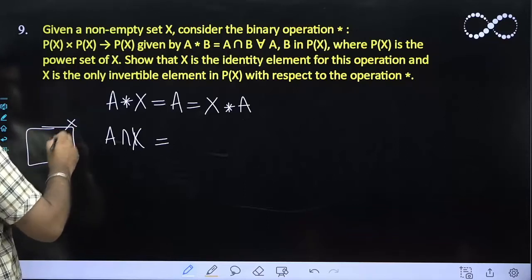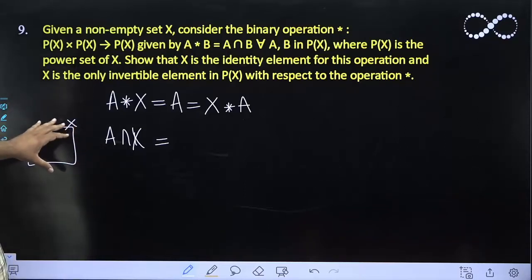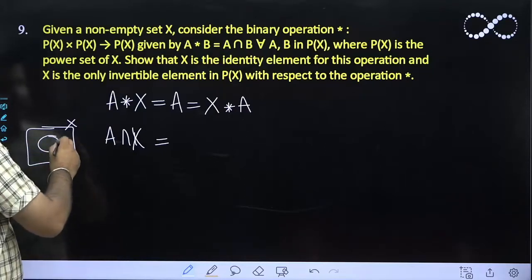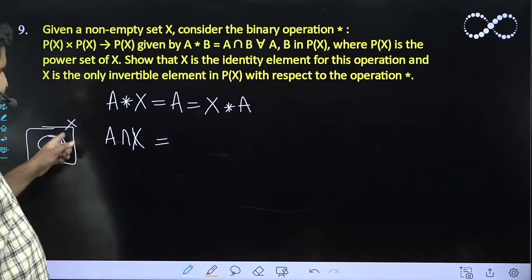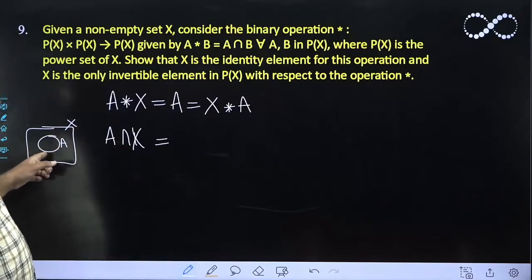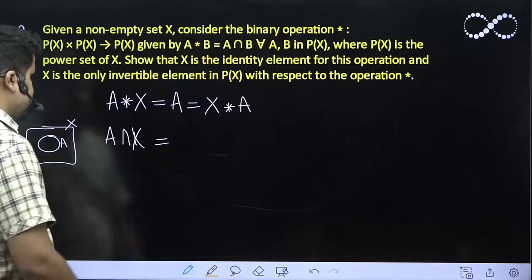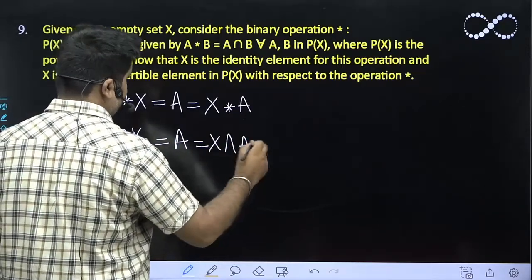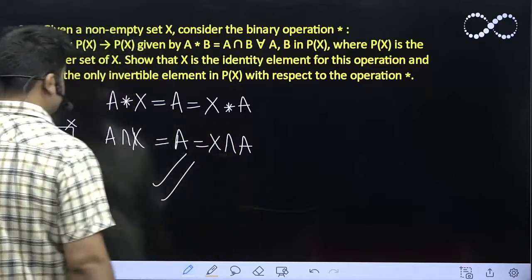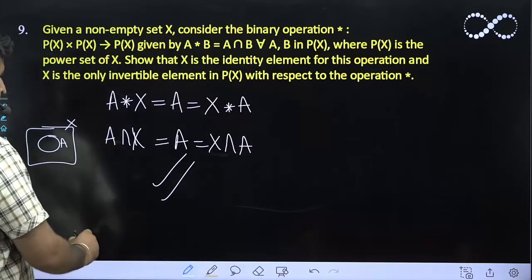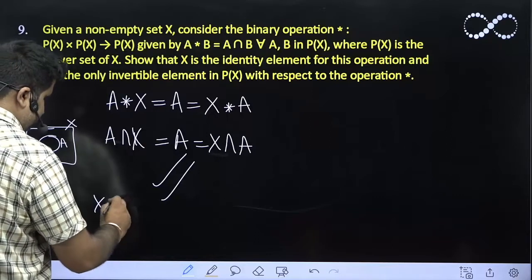This is X, the whole set. This is a non-empty set, and A is some set inside of X. What is A intersection X? In this case, the intersection of these two will be A, right? So this is equal to A. Similarly, this is equal to X intersection A. Okay, so therefore X is an identity element for this operation.